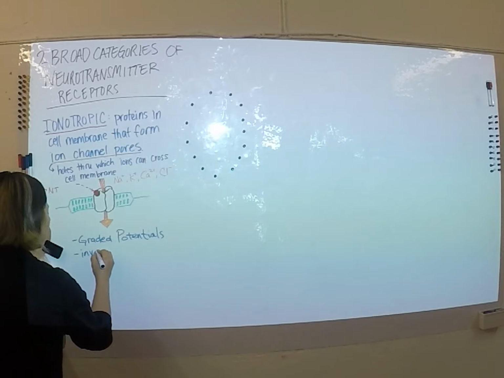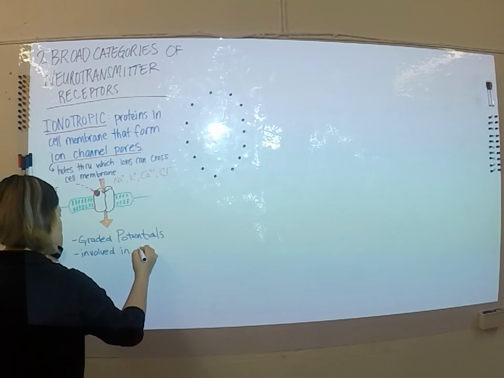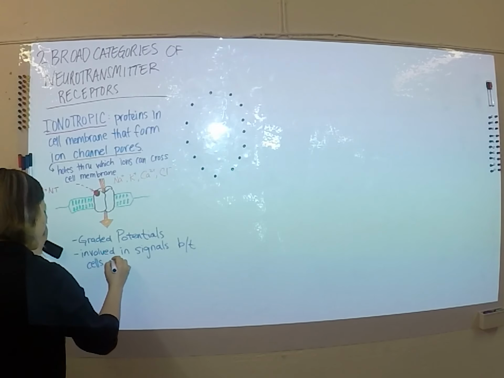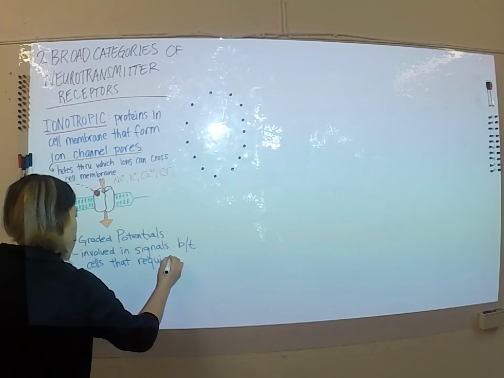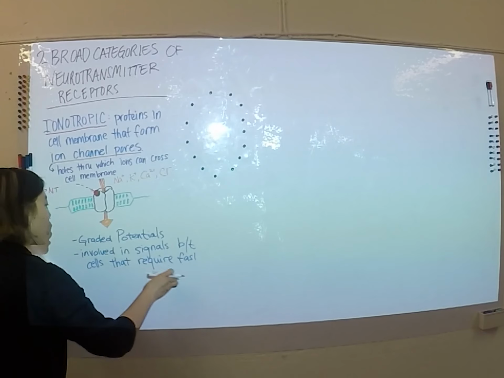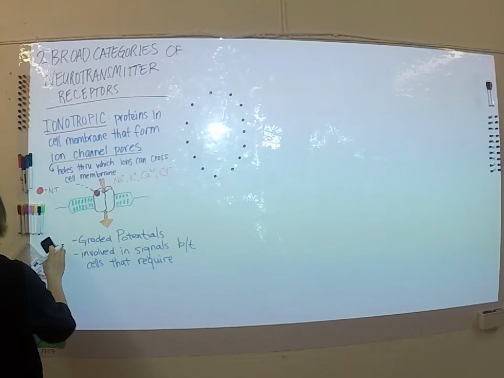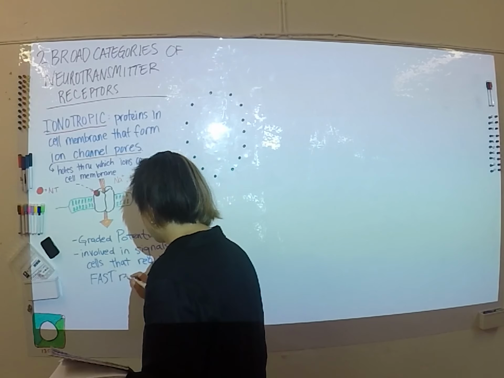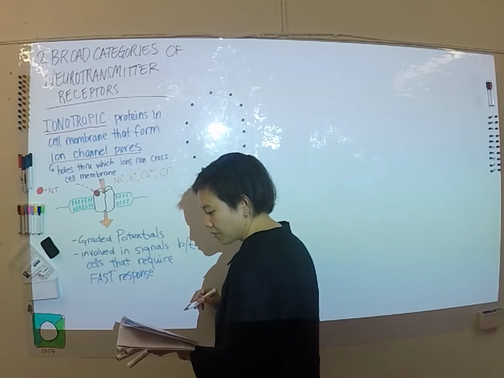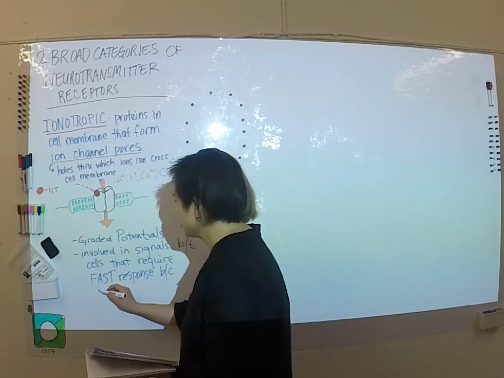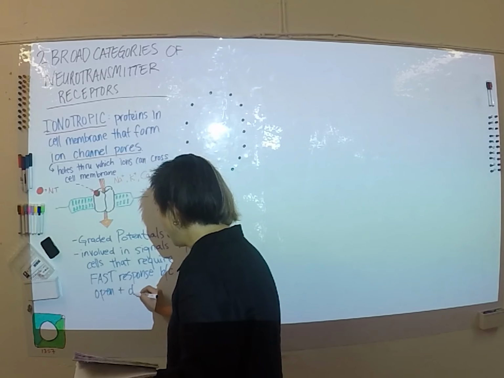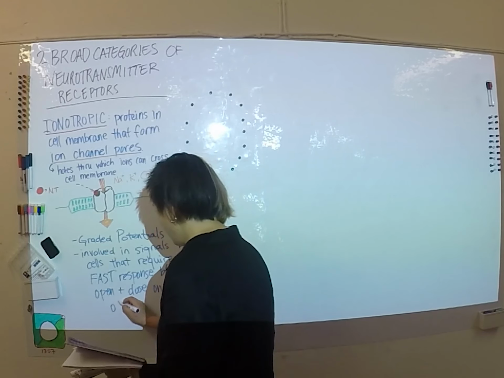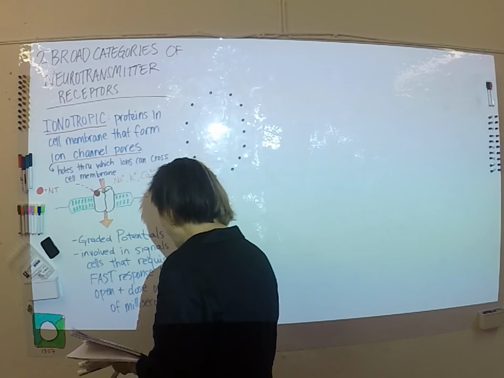So they are involved in signals between cells that require a fast response because these receptors open and close on the order of milliseconds. So very, very fast, okay?